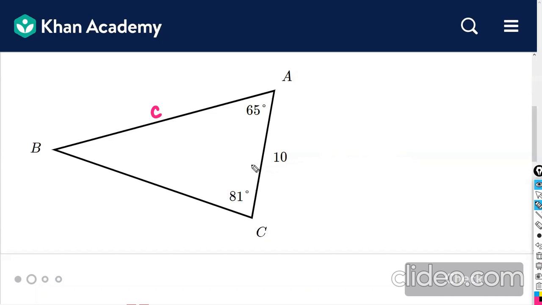And over here, the other side length is across from angle B. Okay, so we're going to have to solve for angle B. We know the angles inside a triangle add to 180, so we can just subtract these two from 180. All right, so for this one here, we're just going to do 180 minus 65 plus 81.